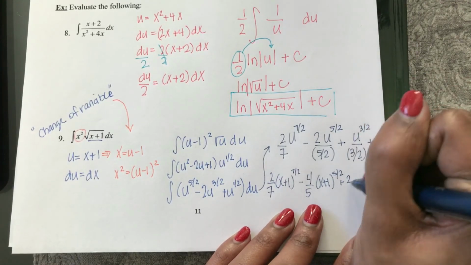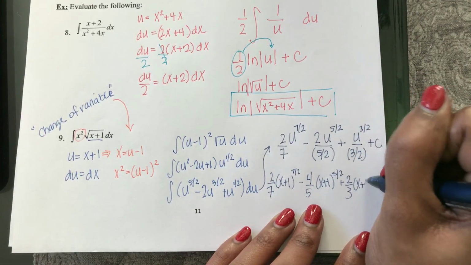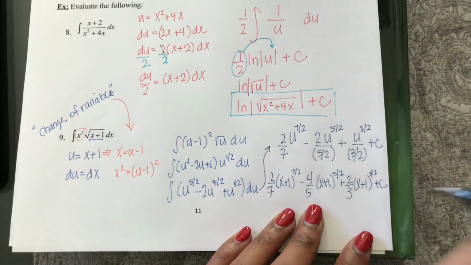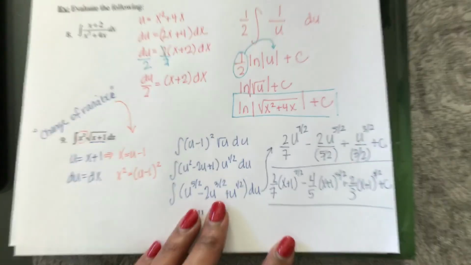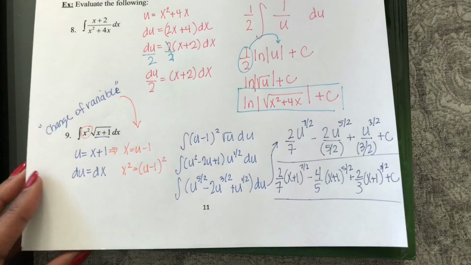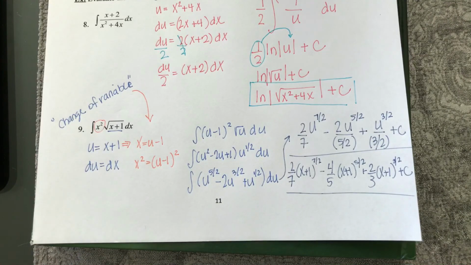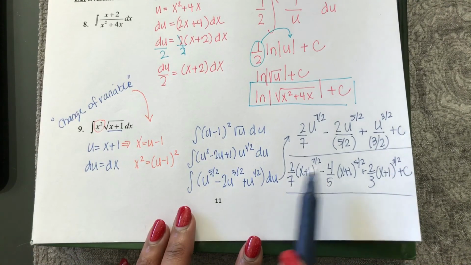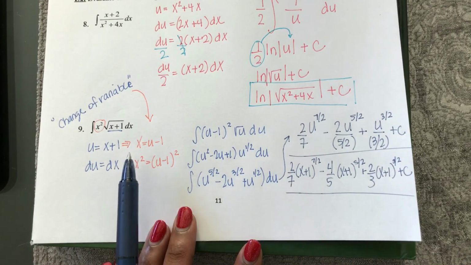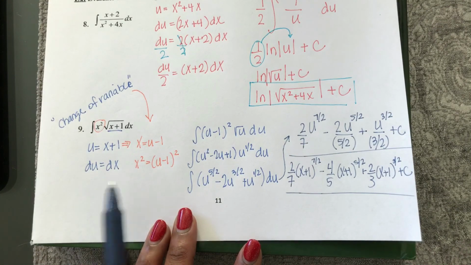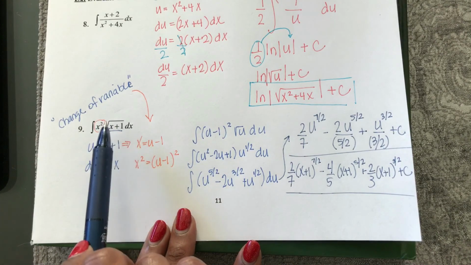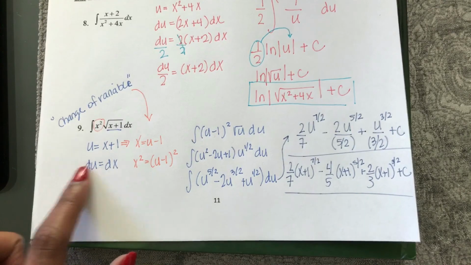And then plus 2/3 (x plus 1) to the 3/2 plus c. So now we have this elaborate antiderivative that we could take the derivative of to check our answer. And now in our next video, we're going to see a second way we could have approached number 9.